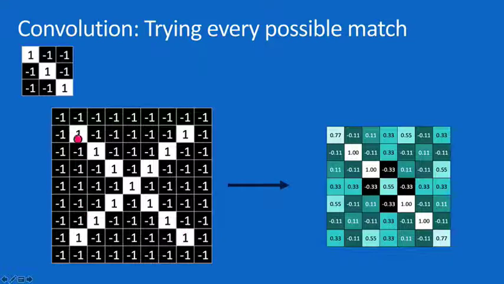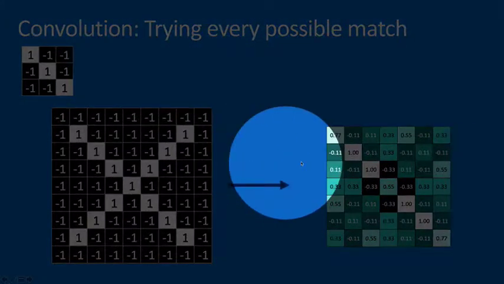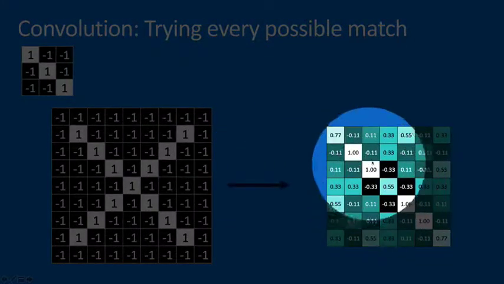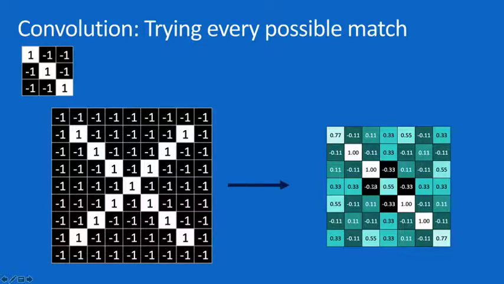At each overlap, you do this element-wise pixel multiplication, you take the sum and you divide it by the number of pixels, which is 9 in our toy example. What is shown on the right is the image you would get as the output of this entire process, where we have taken this filter and run it over the entire image, and the output is sometimes called a filtered image.